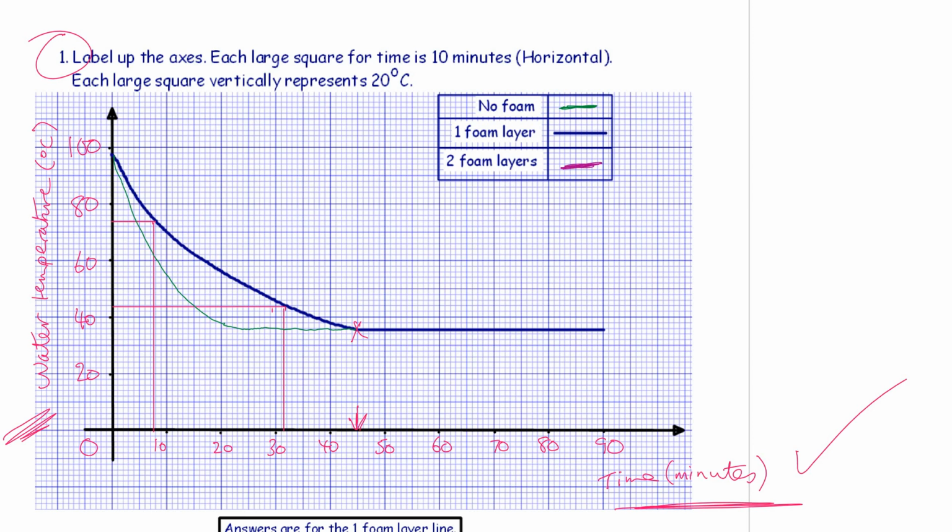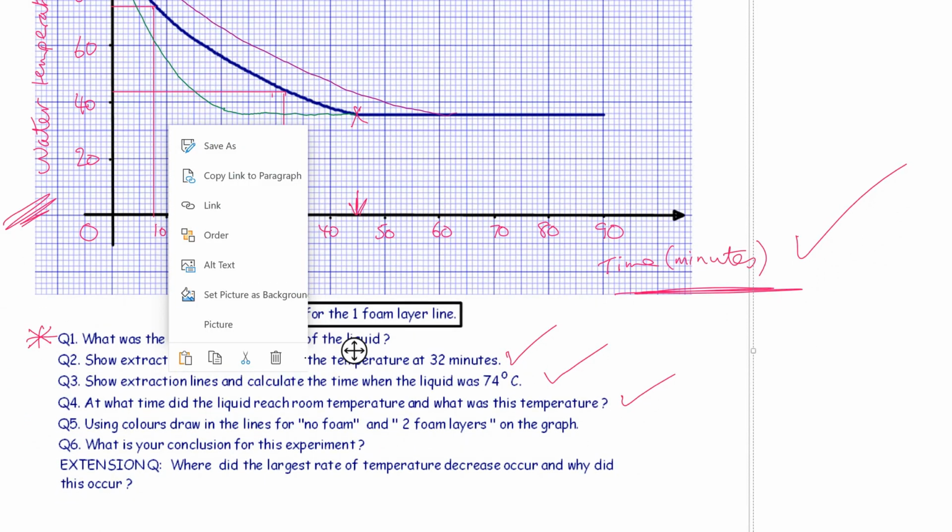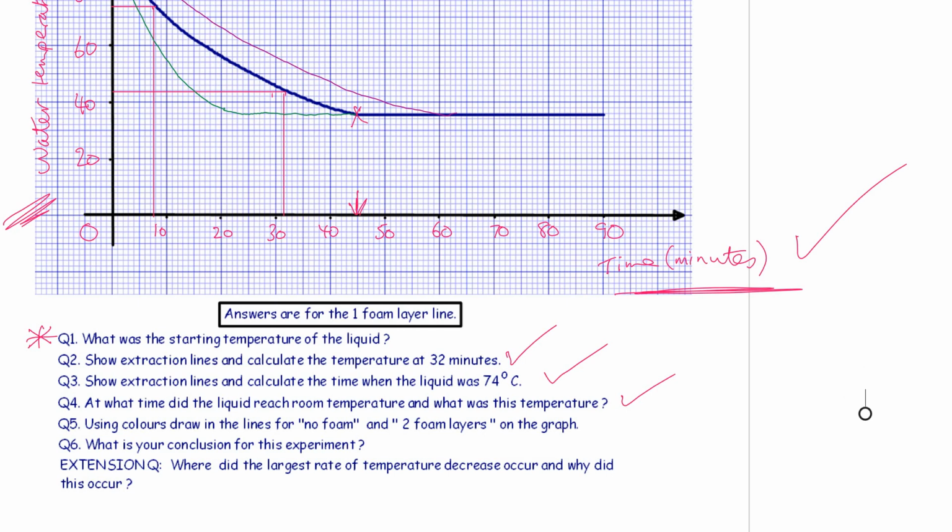Two foam, this purple line, the rate at which it loses heat will be much slower than the one foam, the blue line, but eventually it'll hit 36 degrees and then just carry on. That is your answer to question 5.